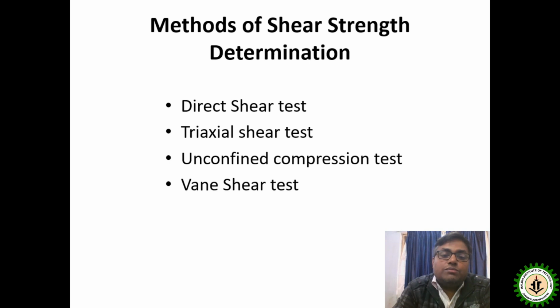Out of these four tests, the first three, direct shear, triaxial and unconfined, are laboratory methods. The vane shear test is the field or in situ method, because this test has some limitations that we will discuss later on. We have to bring the vane shear test apparatus to the field, and there conduct the experiment to find out the shear strength of soil.